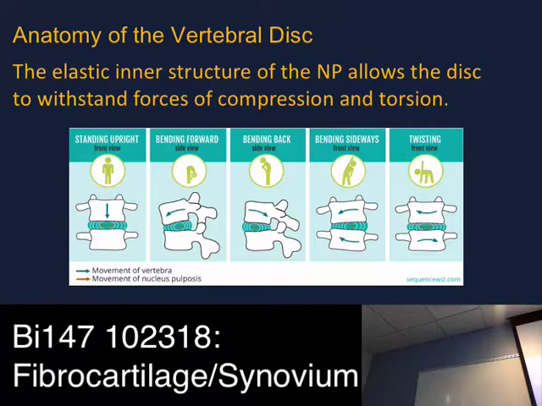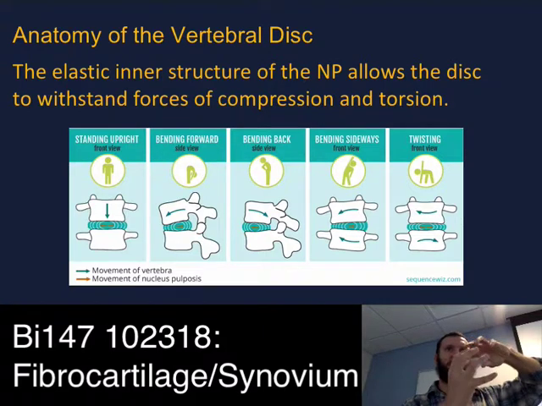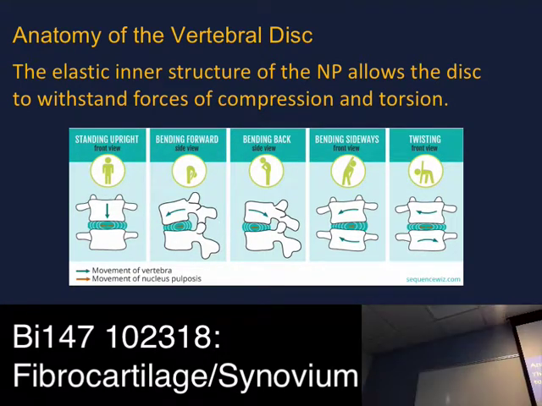And then lastly, when we have a twist, the thing about a twist is the upper and lower vertebral end plates are turning in opposite directions, and as we do that, we're still getting the compression.